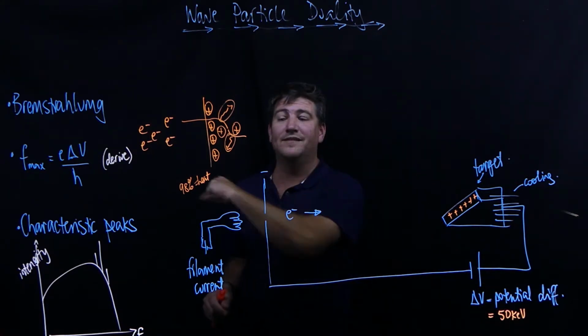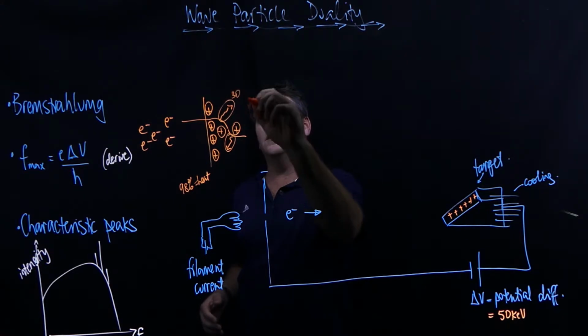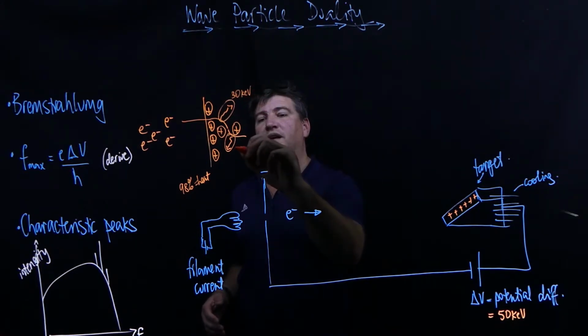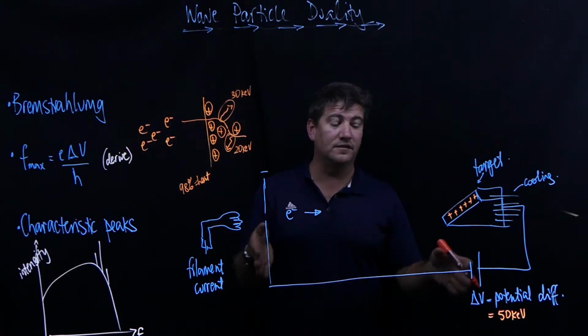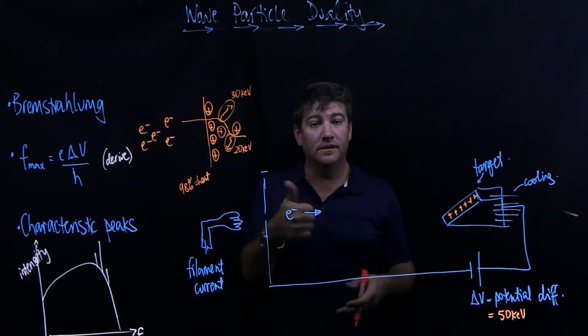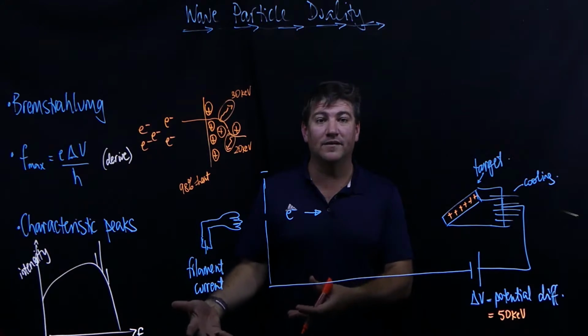If this photon was 30, this one here has to be 20. As long as those two don't add up to more than the energy that you put into the system, then we're all good. Quite often it's below, simply because of the huge amounts of heat.